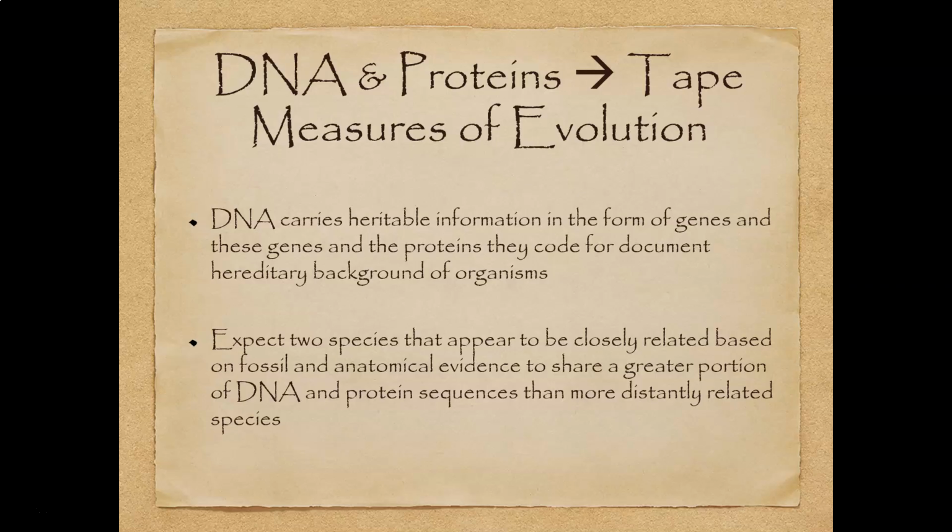We would assume to see much fewer changes in something like a gorilla because we are much more closely related and diverged much more recently. Go back to something like a chicken, and there are probably considerably more changes in those genes and protein sequences, because we would assume we diverged much further back in history.